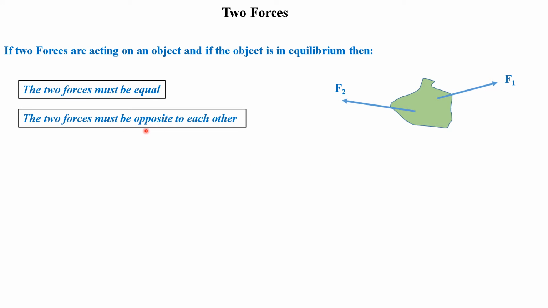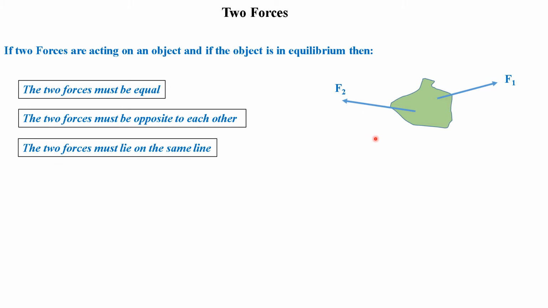The two forces must be opposite to each other, otherwise equilibrium cannot be achieved, and the two forces must lie on the same line. So in this diagram, all three elements are satisfied. The two forces are opposite, equal, and on the same line.